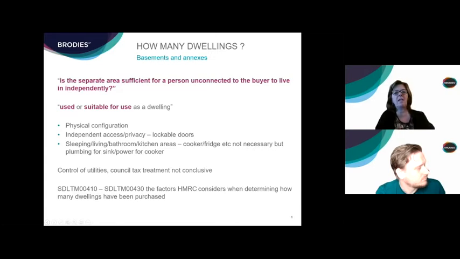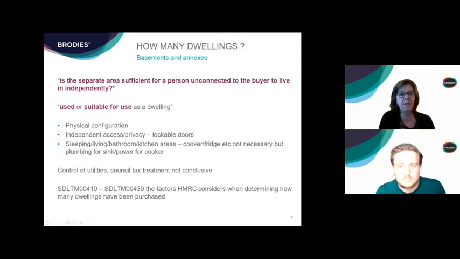And the real question is whether the extra space, the extra area, is sufficient for somebody who's unconnected to the buyer to live in independently. So could it be, for example, let to an independent family to live in?